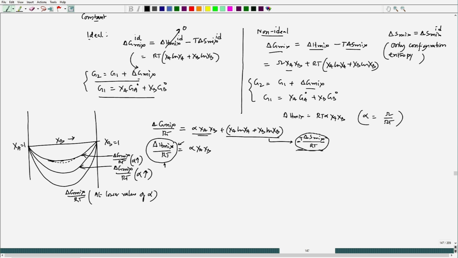Now, once we reach this level, after that once we increase the alpha, you see the slopes are changing, okay, around mid concentration.